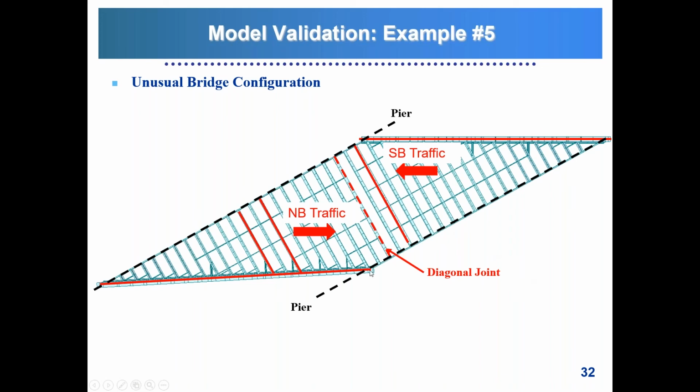So basically, these are all fixed bearings, and then to the right side of the joint, they become expansion bearings. Then the opposite happens on this side. You have fixed bearings on this side and expansion bearings on that side.